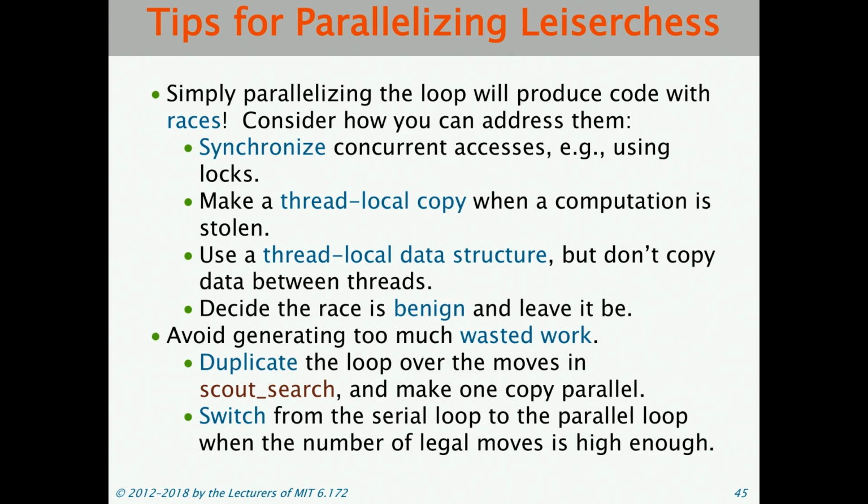You don't want to get rid of the transposition table. And so you have a choice with the transposition table. What are you going to do with it? Are you going to lock it so that the races become, at least, data race free and updated atomically? Or you could replicate it. For example, you could have a worker local copy of the data structure, and each worker that is working on it only accesses their own local copy.